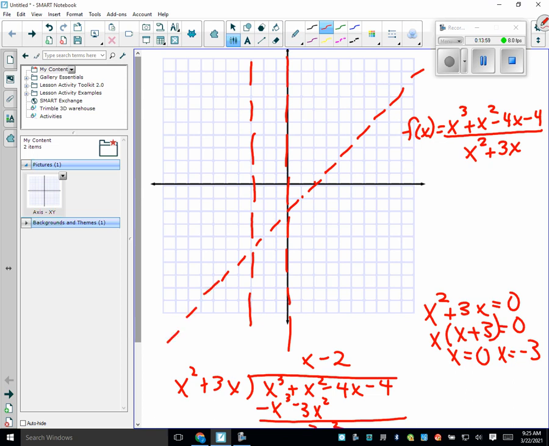Two? Are you sure? Isn't that where my asymptote is? That doesn't really make sense. It must be rounding, like halfway.